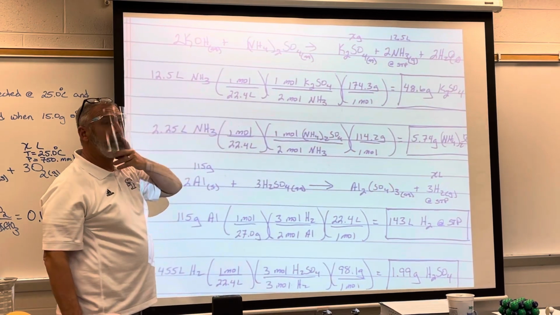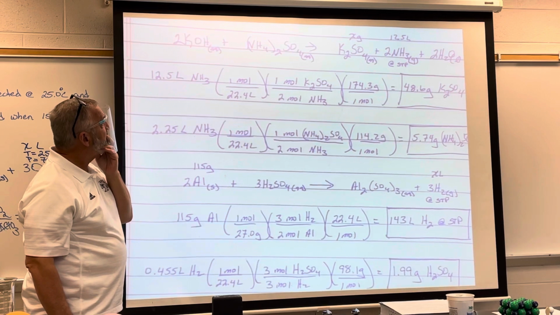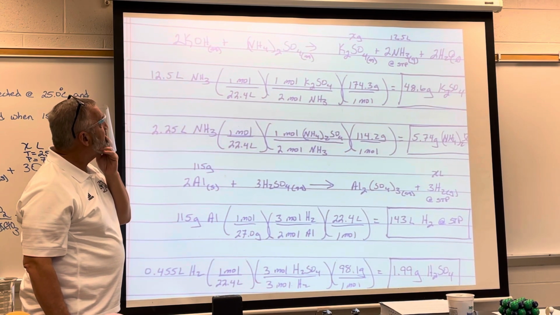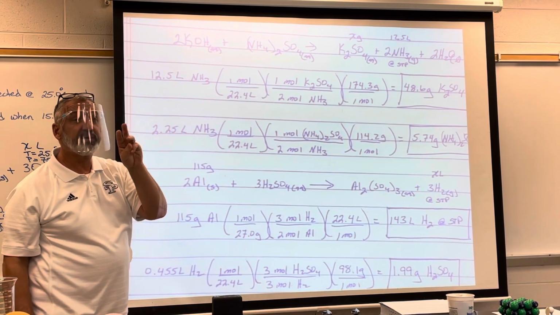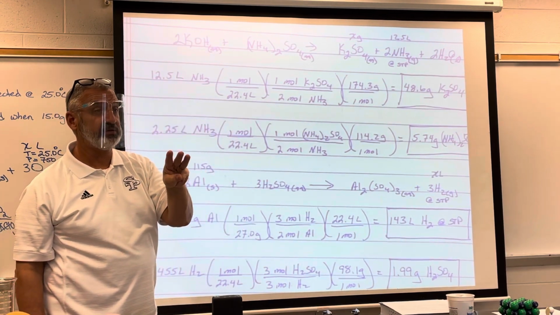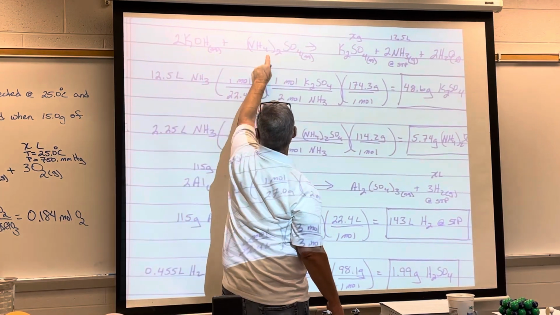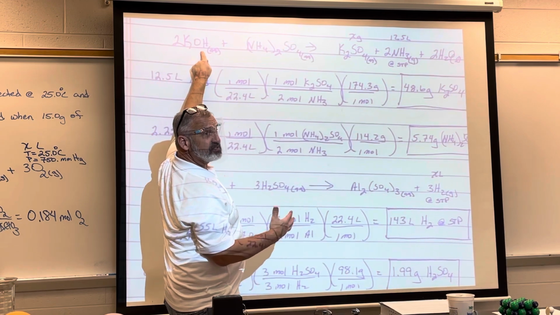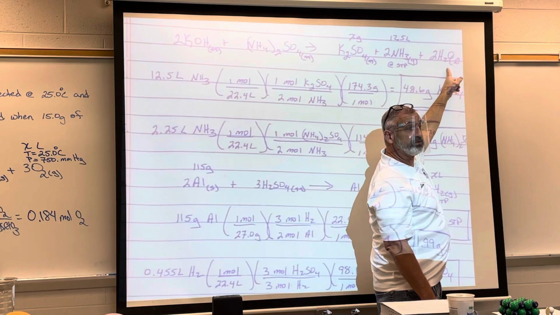Yes, ma'am. Why is the NH3 on the right, and it's NH4 on the left? Okay, because if you recall, one of our 3 types of double replacement reactions is called a gas-forming reaction. Whenever you get potassium sulfate and then ammonium hydroxide, ammonium hydroxide is unstable and always breaks down into NH3 gas and water.